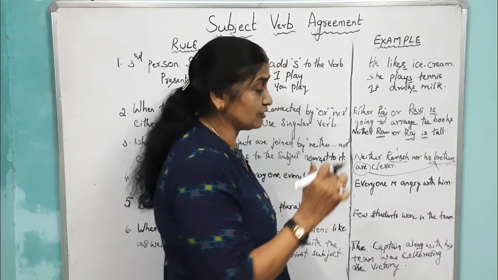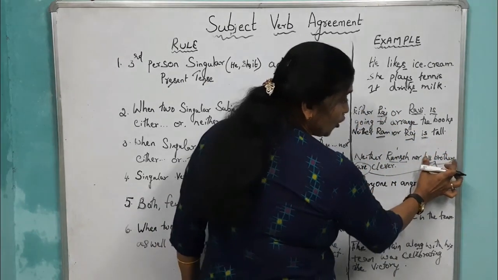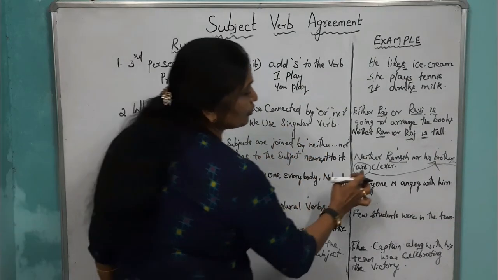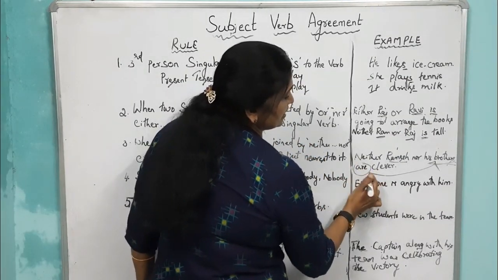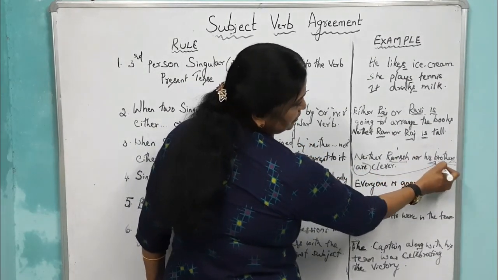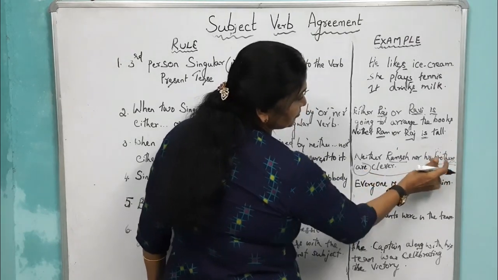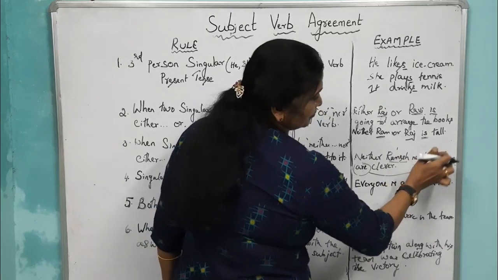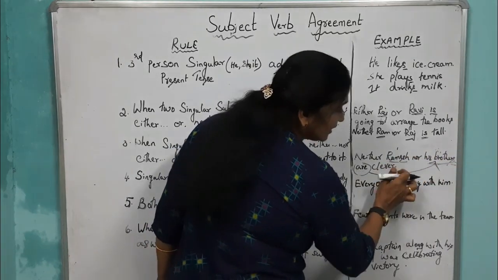Ramesh is nearer to the verb, then it comes "is." But now the subject, his brothers, is nearer to the verb, so the verb has to agree with it. This is the subject for this verb. So, neither Ramesh nor his brothers are clever.